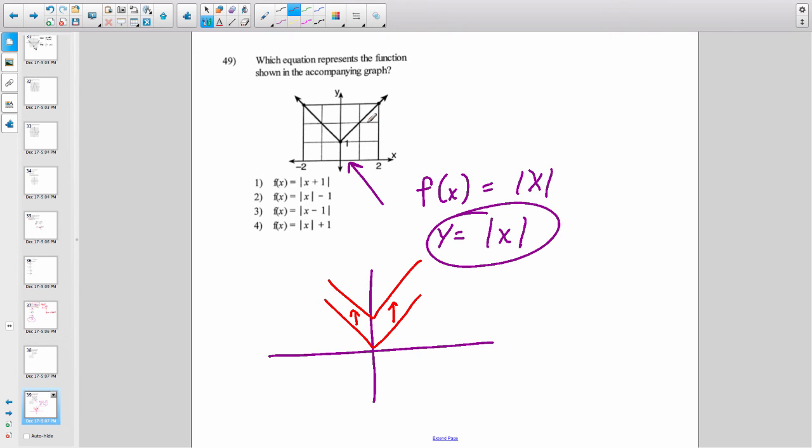And functions like this are shifting left and right. My function did not do that. So I can cross those two out. Now it's a choice between 2 and 4. Which one of these tells me to go up 1? When you're outside the function with a plus or minus some number, you're moving up or down in the same direction. So if this says minus 1, you're moving down 1. So it's not this one. The answer is 4.